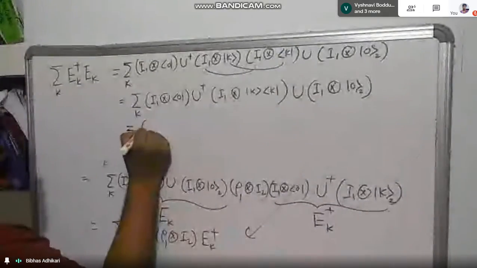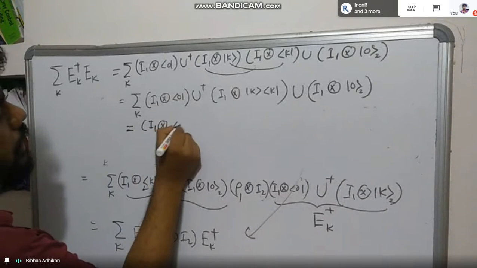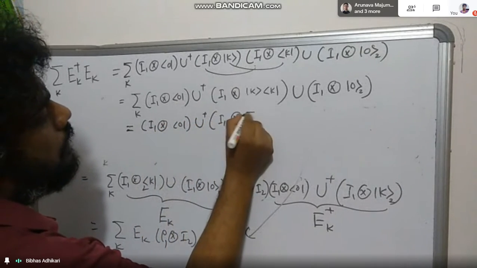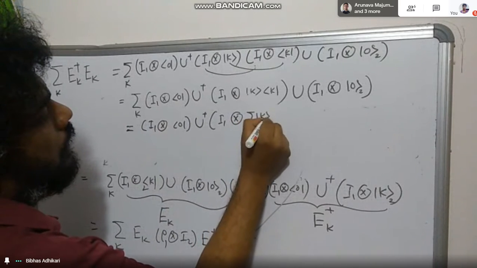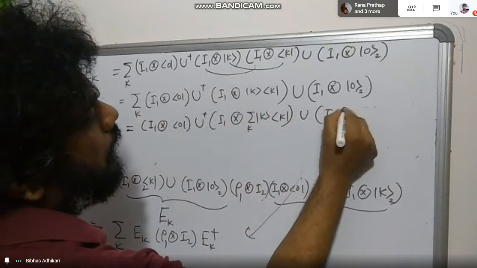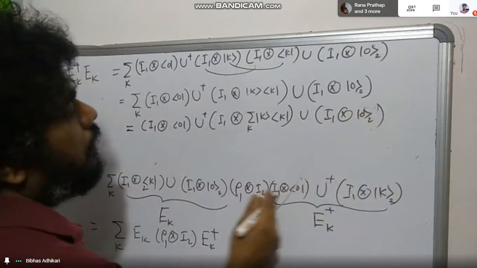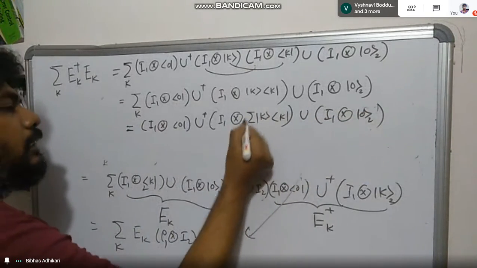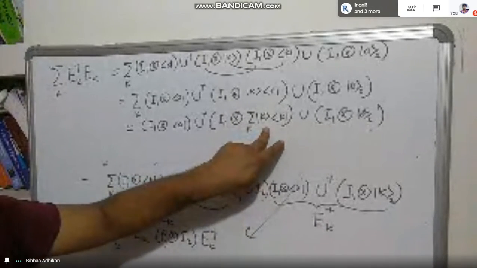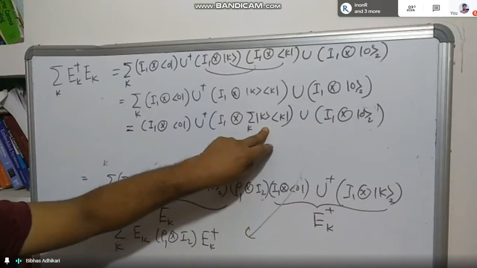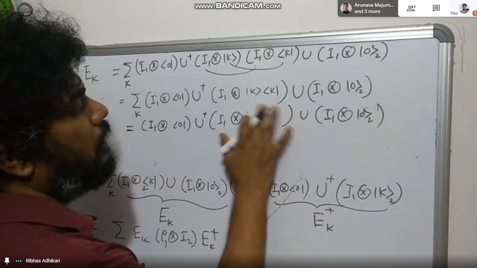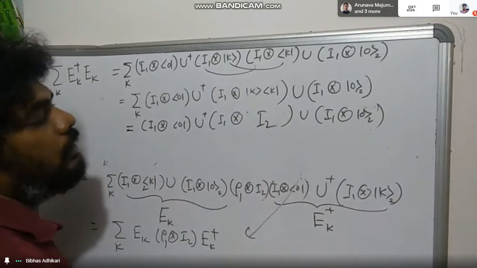So then this can be written as I1 tensor 0 U dagger I1 dagger, sum over k of k, k, and this is U and I1 times U. But this matrix is identity because these k's form the basis of the second system, so this is the identity matrix. This is I2.